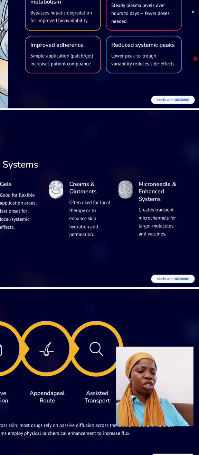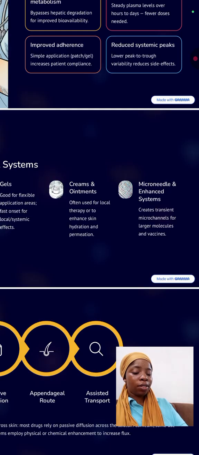What are those micro channels? Micro channels are those channels that are within the body, within the tissue. They help impart healing within the tissue. It also has medication within the needle to help heal the system, penetrating through the skin to the system to work, for larger molecules and vaccines.